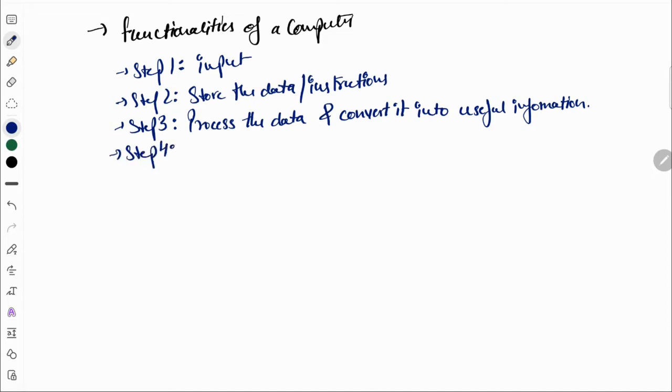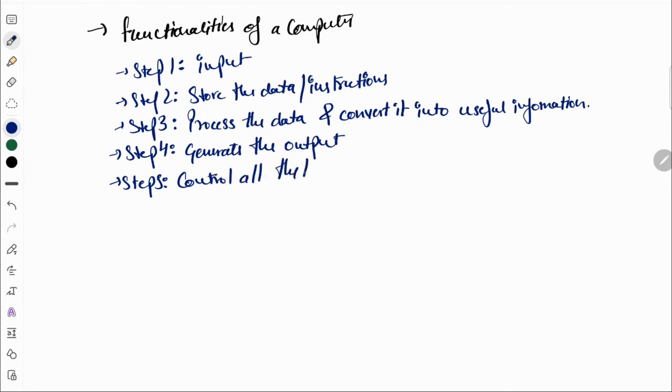Step 4, generates the output. Step 5, control all the above instructions.